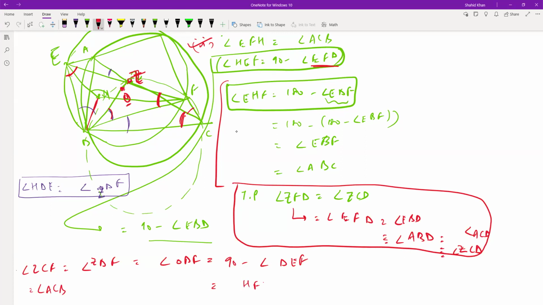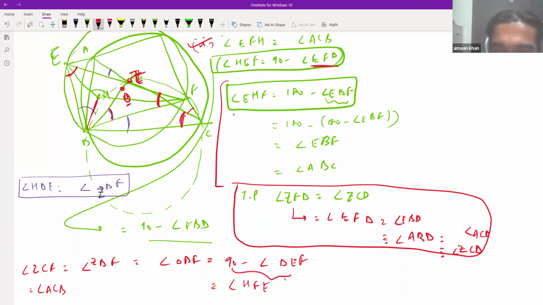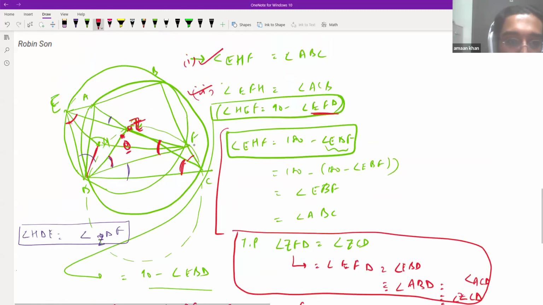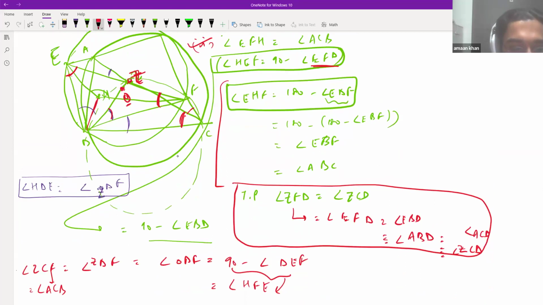So angle HFE is equal to angle ZCF, which is equal to angle ACB, because this is linear. So this works. Also, this gives AC perpendicular to BD. So this quadrilateral was not very random.